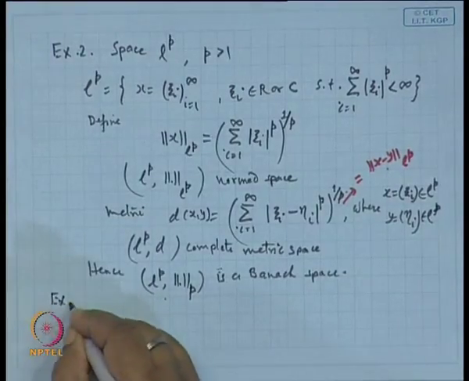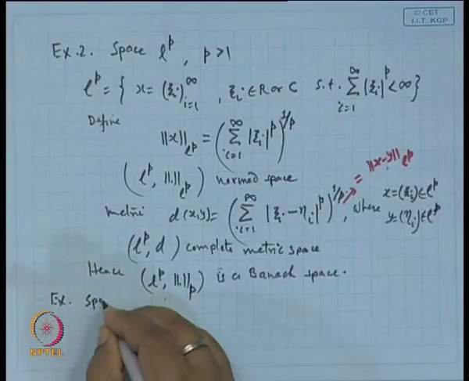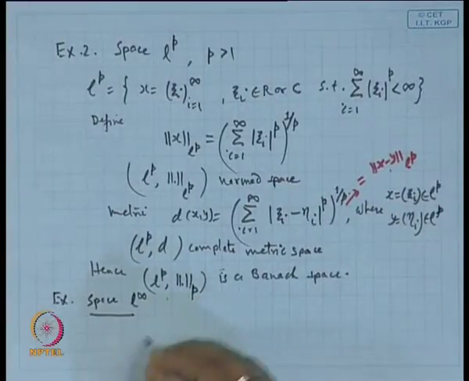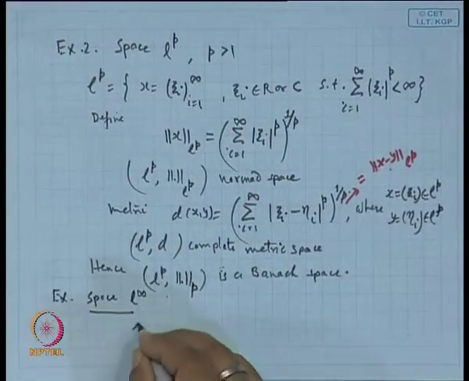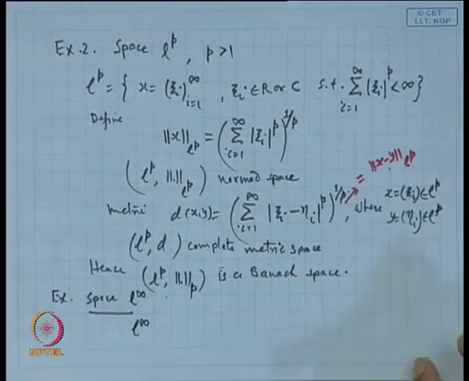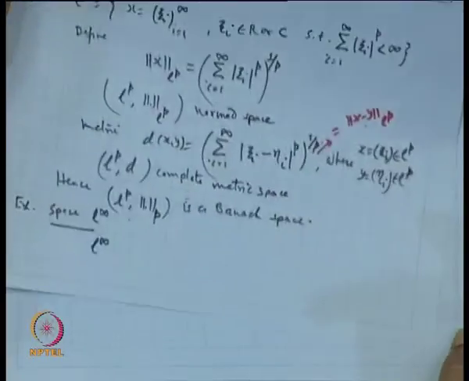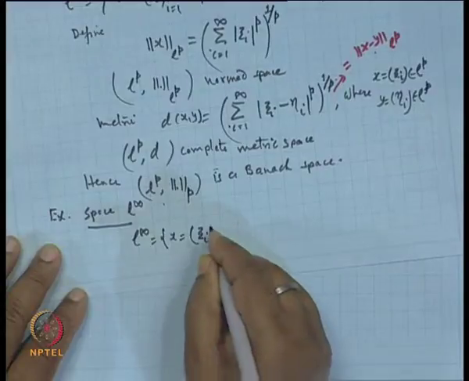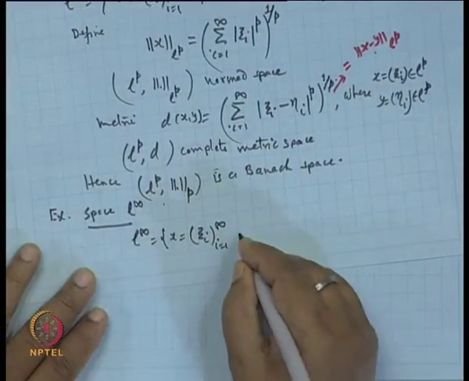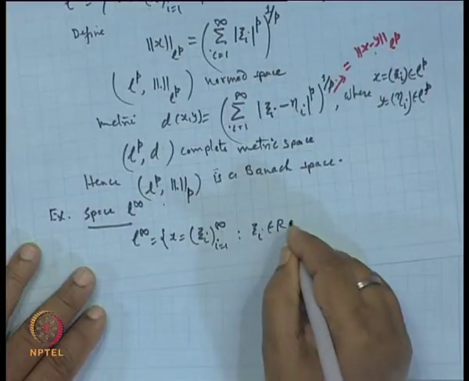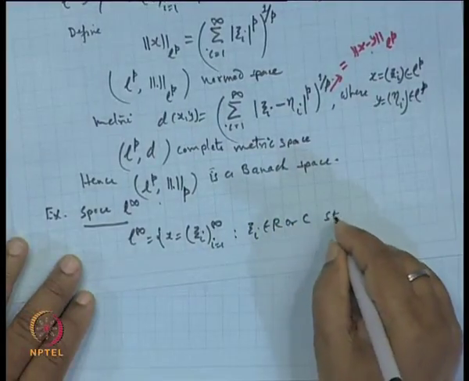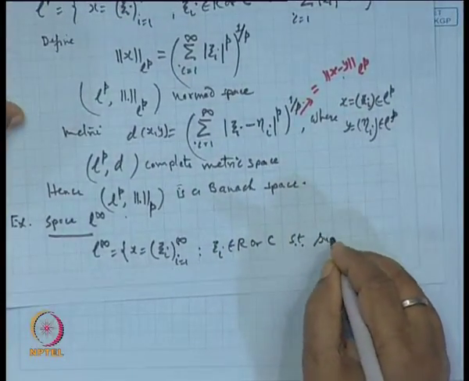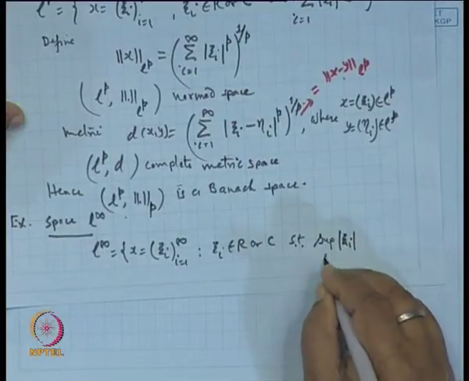Now, another example is L infinity, the set of all bounded sequences of real or complex numbers. It is the set of all sequences x = (x_i), i from 1 to infinity, where the x_i are real or complex, such that the supremum of |x_i| over i is finite.